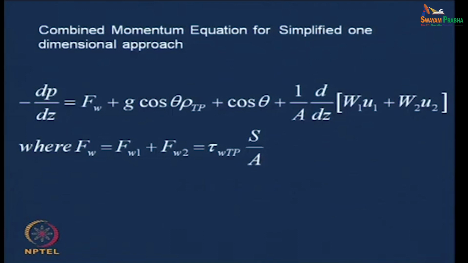To develop the empirical approach, we assume that the effective frictional pressure gradient can be expressed in terms of the two phase wall shear stress, tau W TP, into S by A, and we would like to find out either tau W TP S by A, or in other words F W.